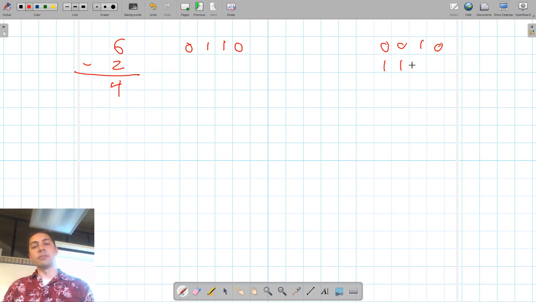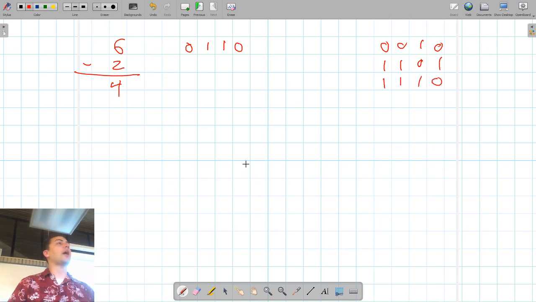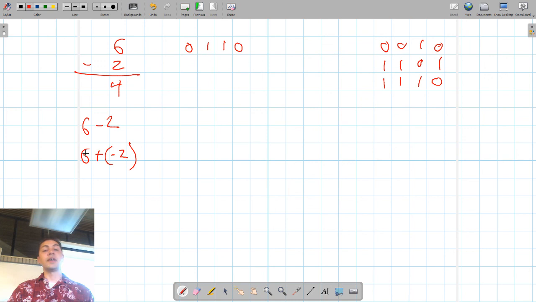The 1's complement of that is as so, and the 2's complement would therefore be that. If I want to subtract 2 numbers, remember, 6 minus 2 is the same as 6 plus negative 2. And that's how we're going to do this. We're going to add 6 plus negative 2. So this is negative 2.